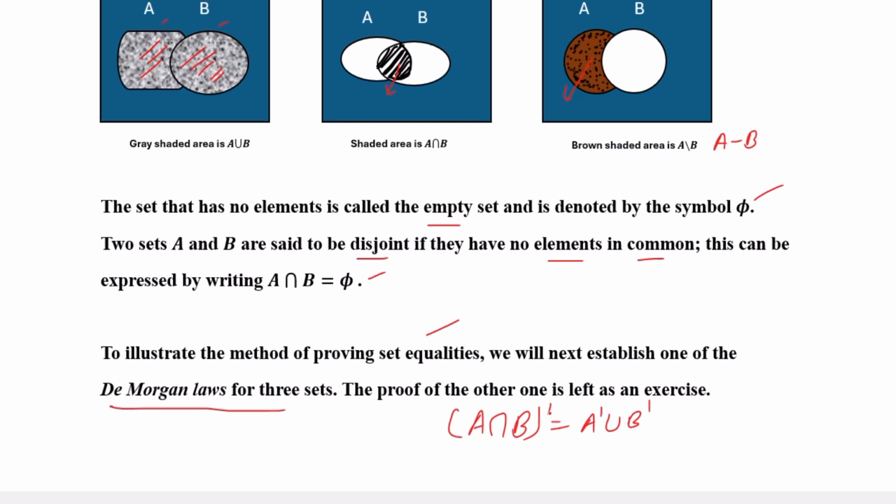When we apply complement, it converts intersection to union, and if we apply complement in the case of union, then union is converted to intersection. This is the intersection of the complements of two sets.